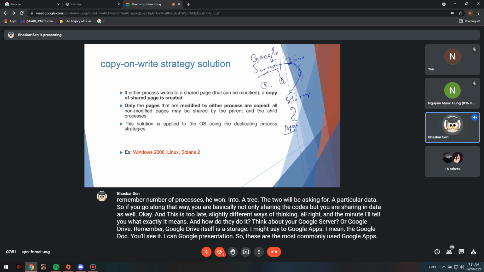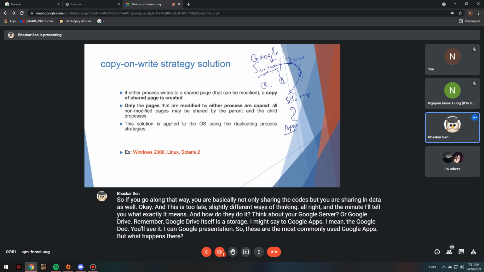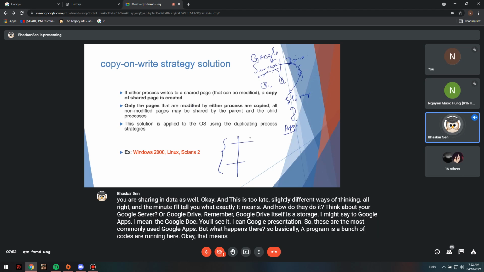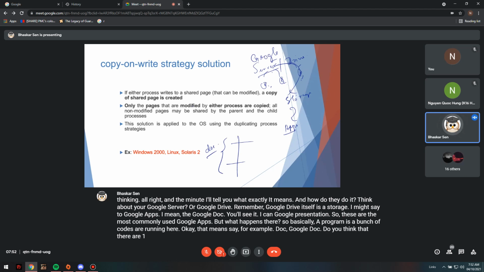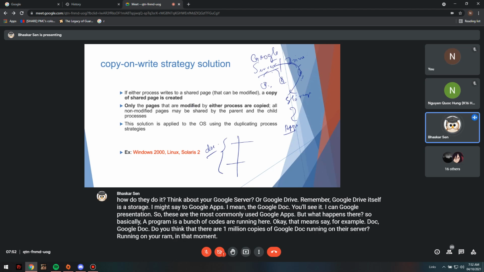But what happens there? Basically, a bunch of codes are running here, say for example, Google Doc. Do you think that there are 1 million copies of Google Doc running on their server, running on their RAM at that moment? No. Only one line of codes.